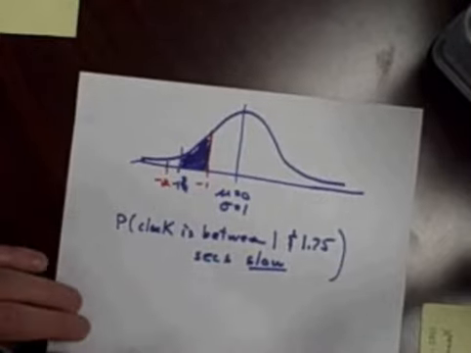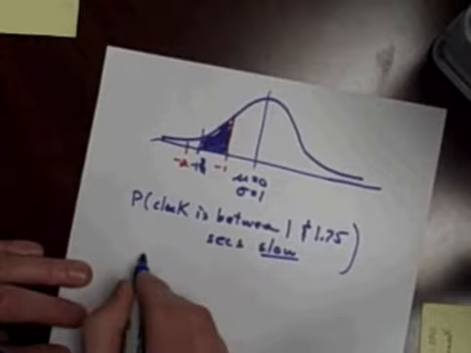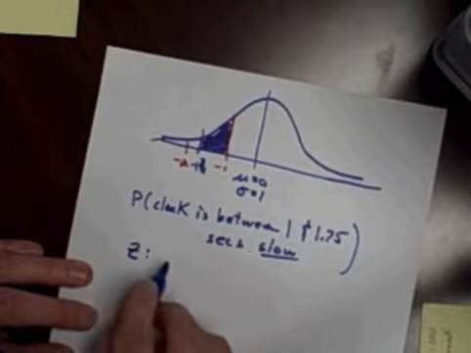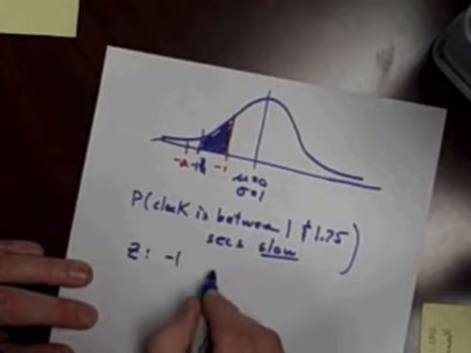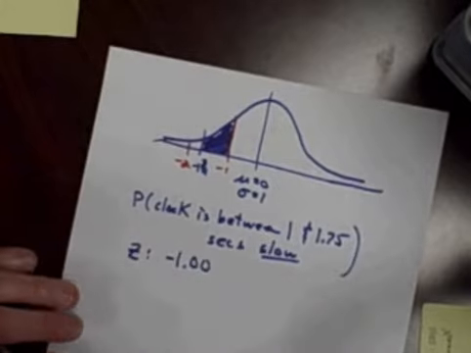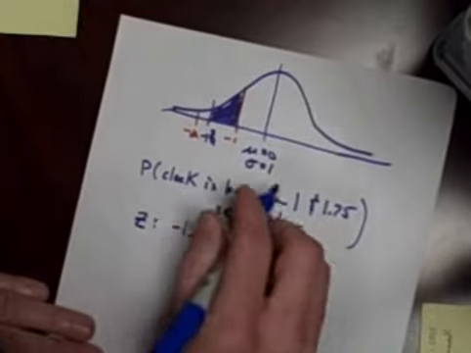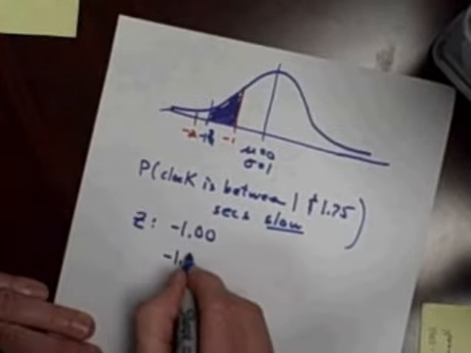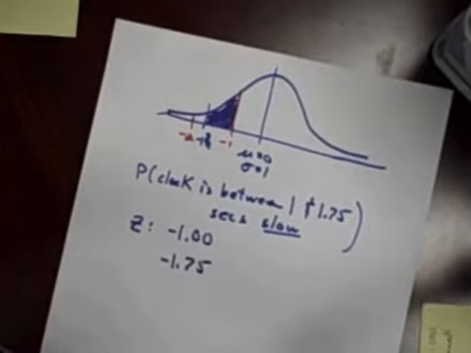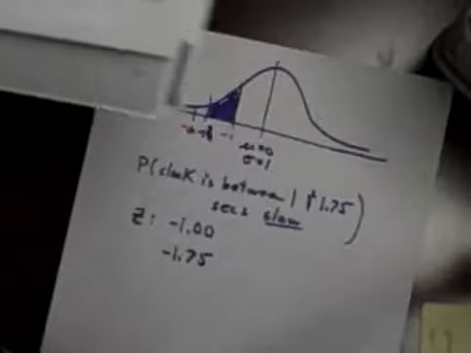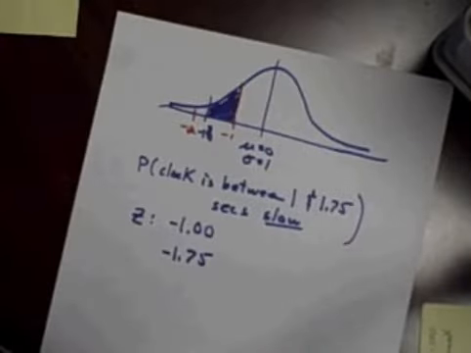So let's do that. So my z-scores, I have two of them. I have a -1. We'll find out what that is. And we want to write that as -1.00, always two decimal places. And my other z-score is going to be -1.75. Okay, using this table, we're back on the negative side. Let's see what it says.